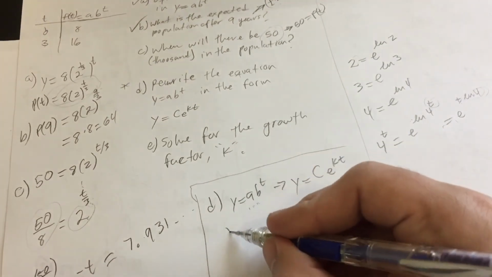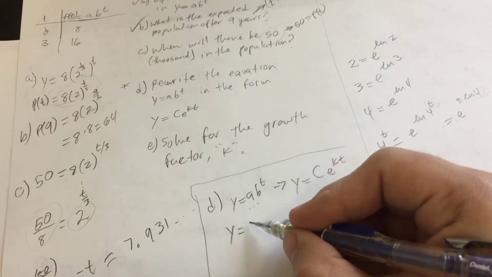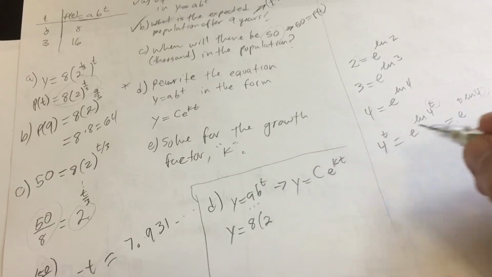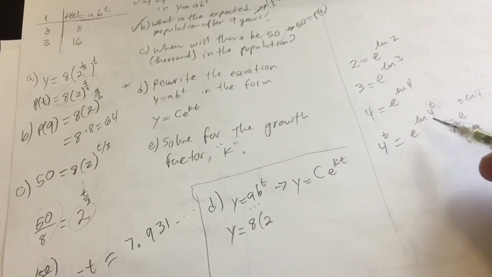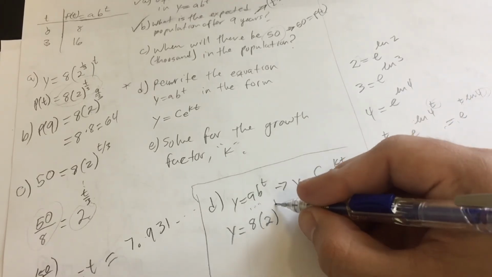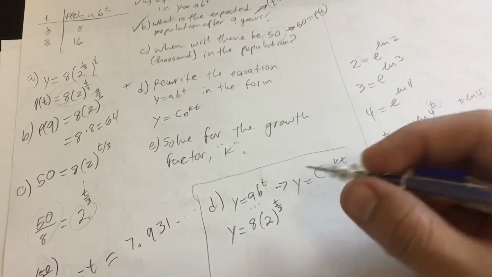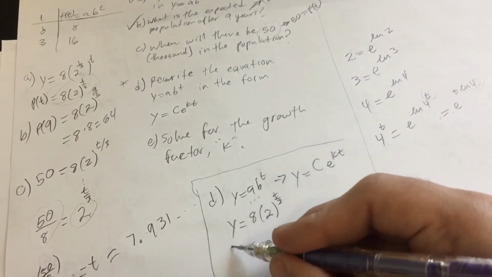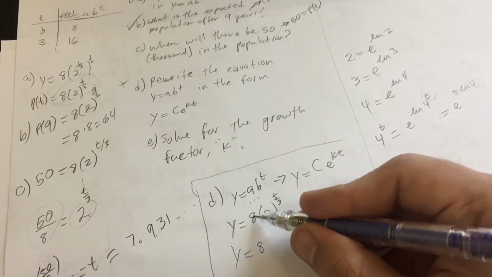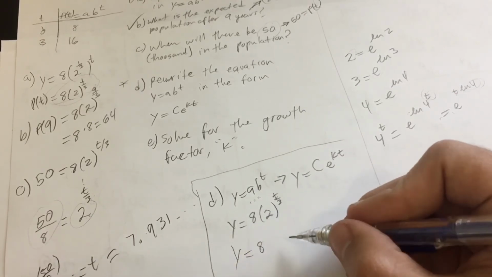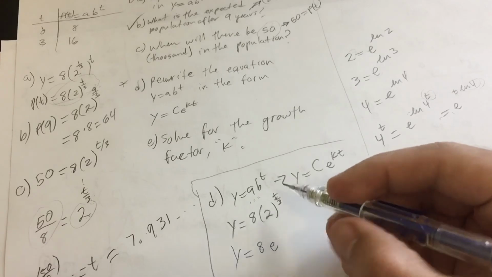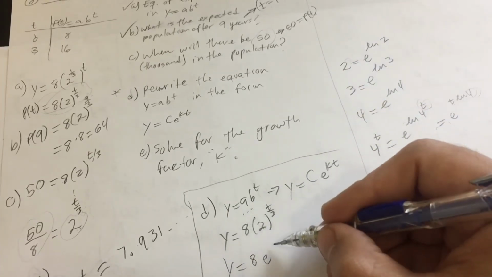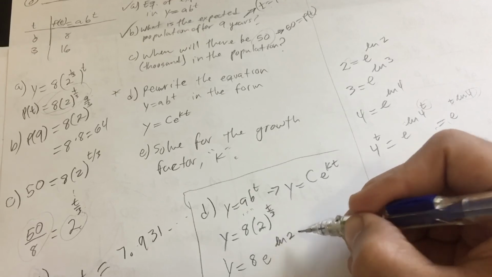So remember that our equation for this problem was 8 as the stretch factor, 2 as the base, which we're going to associate with e and ln, and the exponent t over 3. Alright, so we use the same vertical stretch, but now it's e times, how would we rewrite 2? Remember, we wrote it up here. 2 is the same as e to the ln 2.